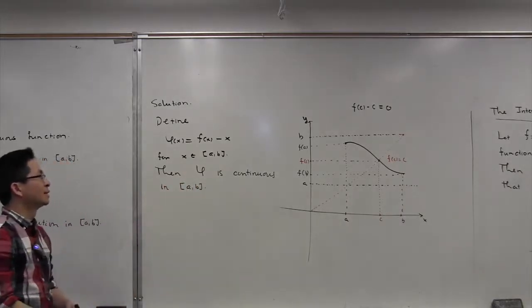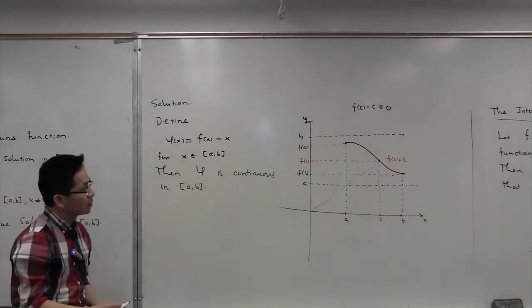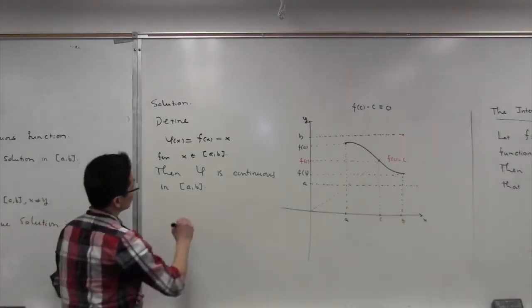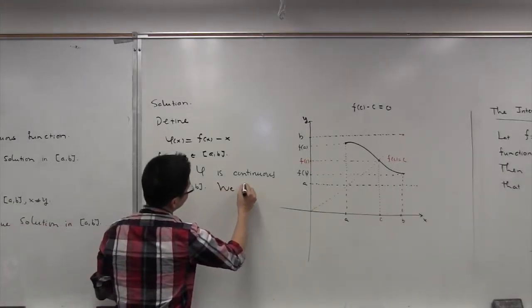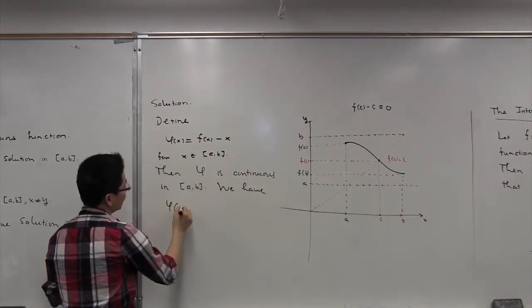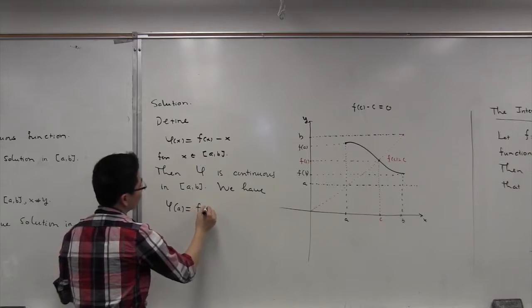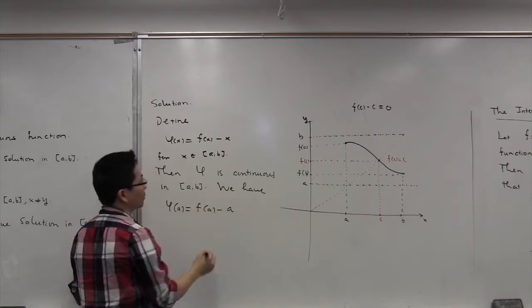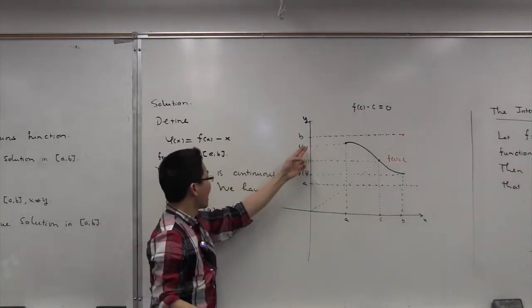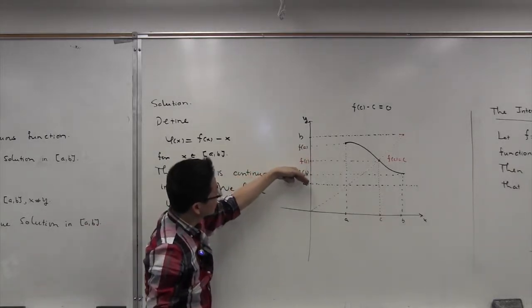Okay? And let us use the intermediate value theorem. We have the following. Phi of A is equal to f of A minus A. And as you can see here, f of A is in the interval AB.